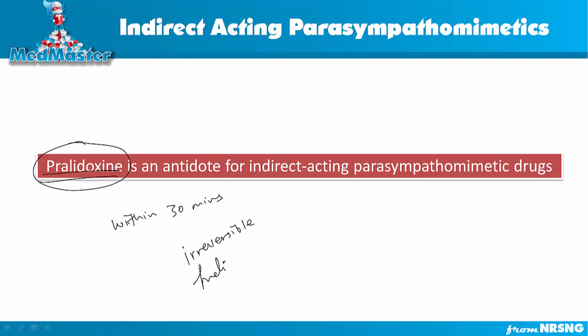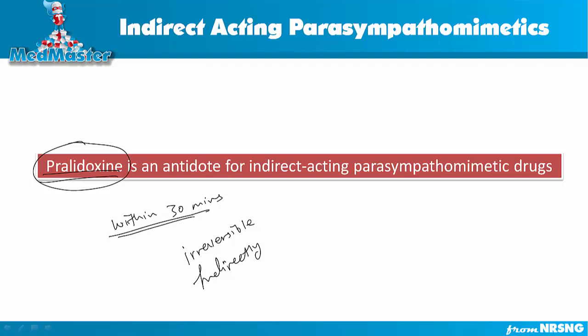The medications we talked about are all reversible, but there are some irreversible indirect acting agents, I mean, not medication, agents. Irreversible indirect acting parasympathomimetic agents are available, and they just bind and do not let go. You can't reverse them unless you give this antidote within 30 minutes.